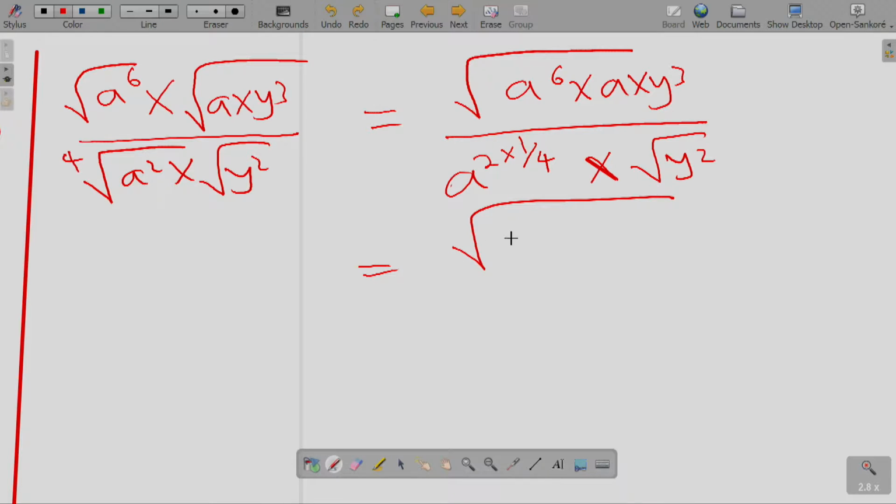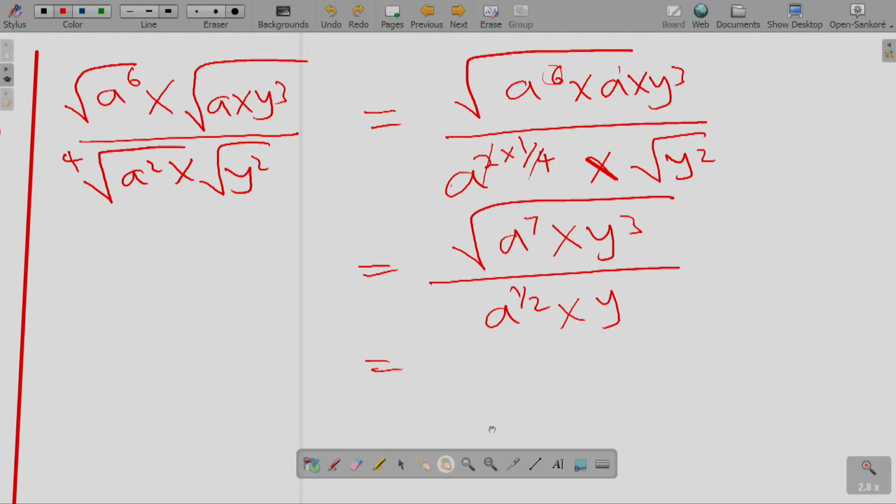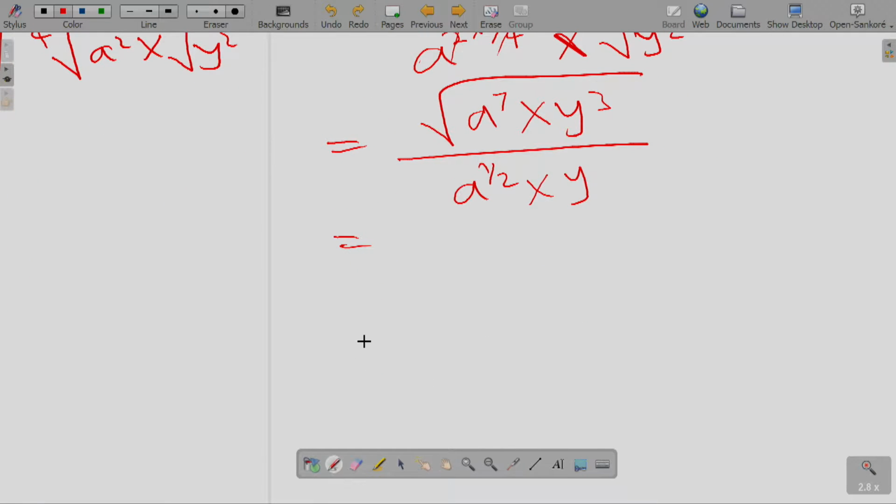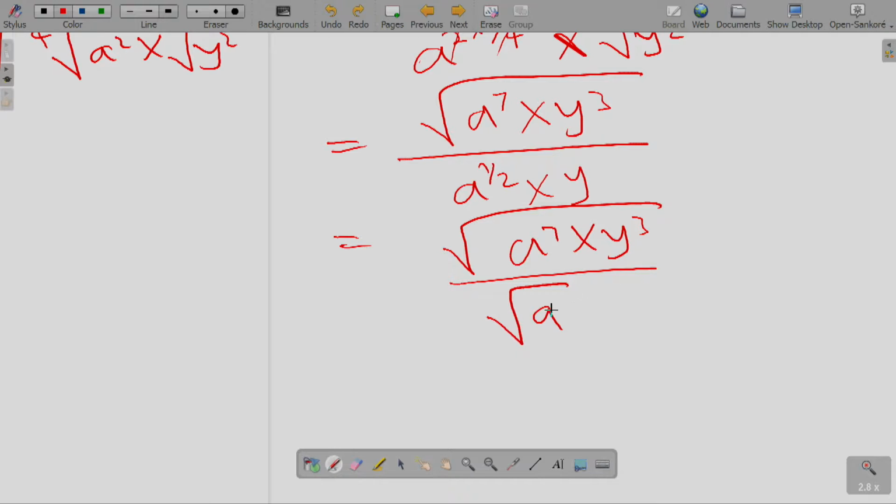Here, 6 plus 1, we get a to the power 7 times y cubic over a to the power 1 over 2, and the square root of y square is equal to y. So this is equal to a to the power 7 times y cubic over the square root of a times y.